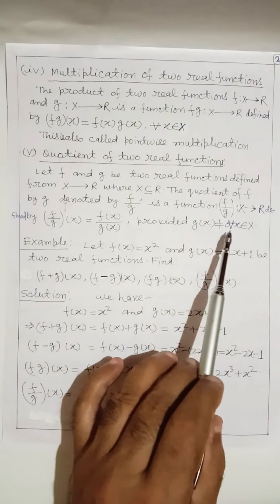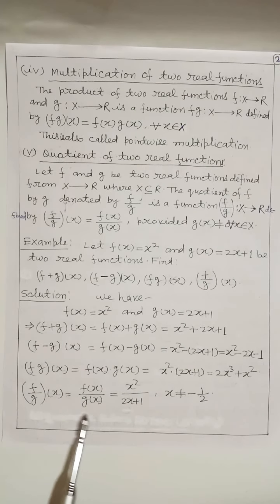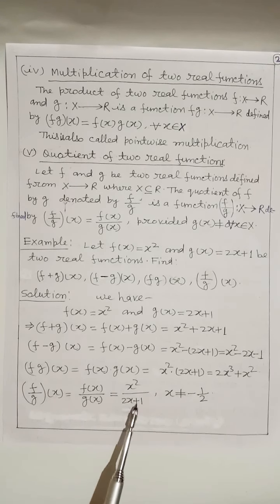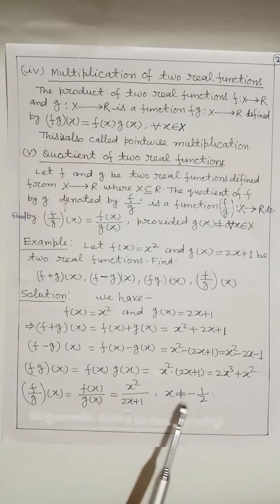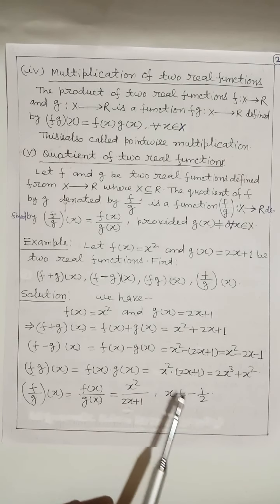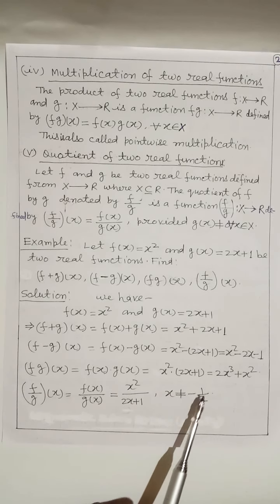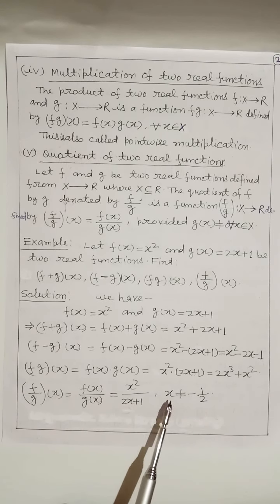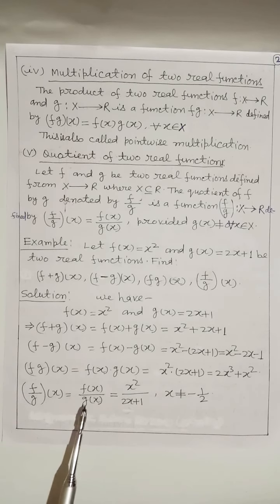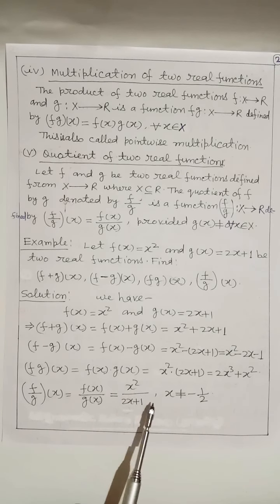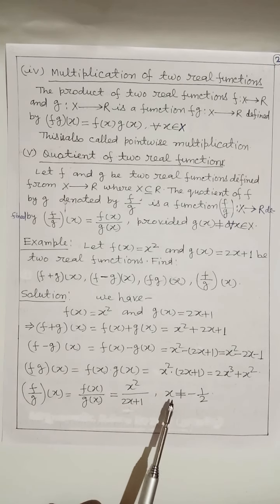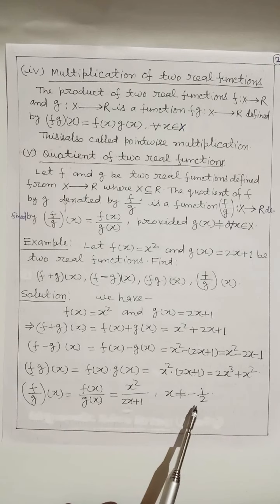Here g(x) not equal to 0 means 2x plus 1 not equal to 0, and in this case x is equal to minus 1 by 2, means here the condition is x not equal to minus 1 by 2, because at x equal to minus 1 by 2 this is equal to 0. In that case this function is not defined. So (f/g)(x) equal to x square by 2x plus 1, where x not equal to minus 1 by 2.